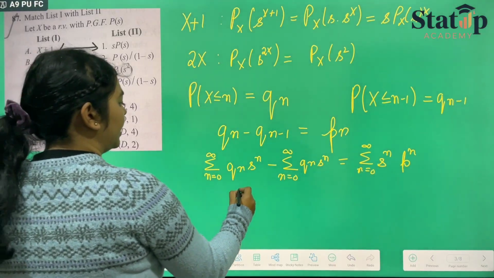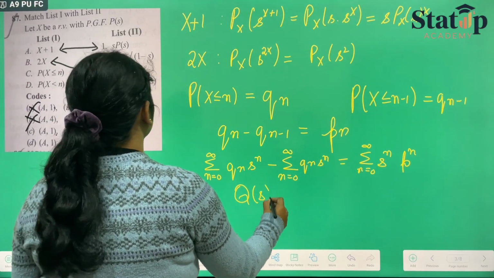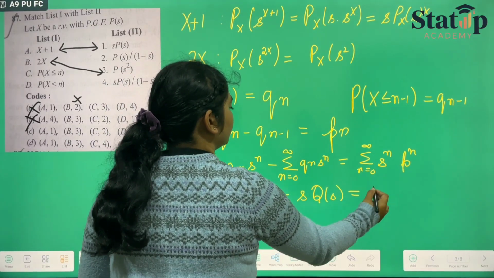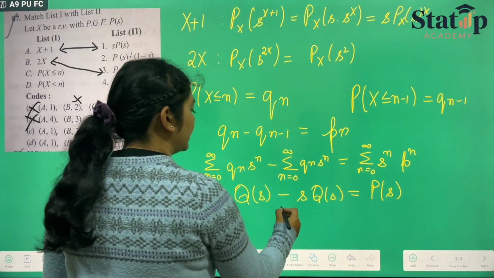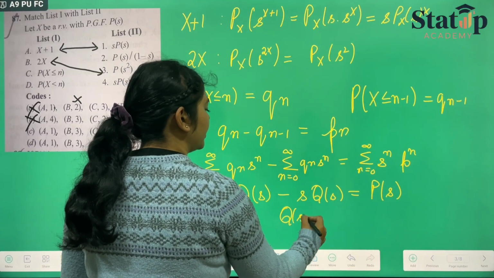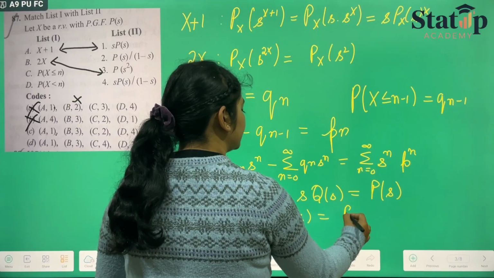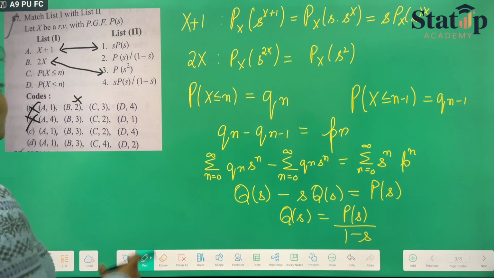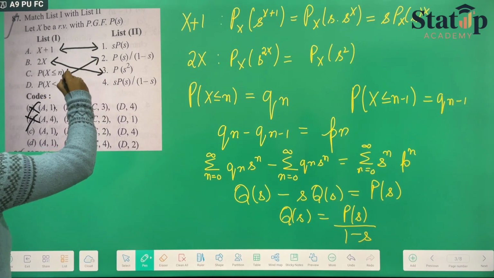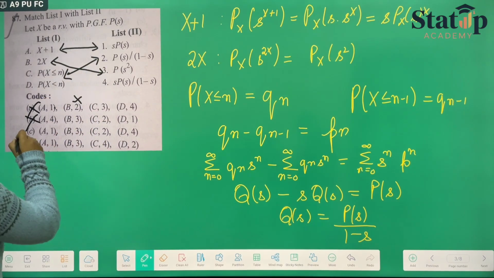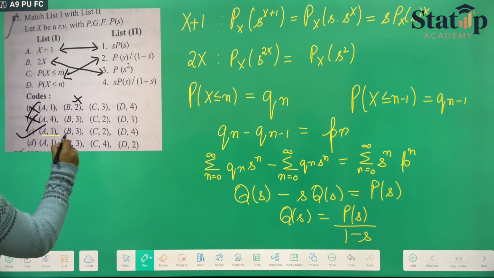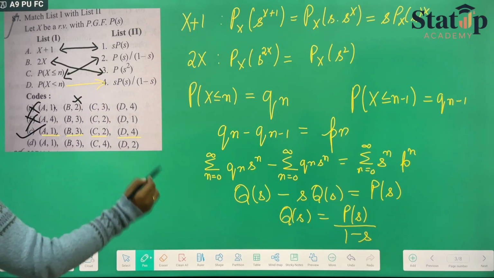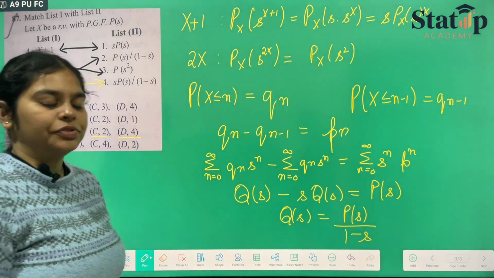So here we'll be getting Q(s) minus sQ(s) is equal to P(s). And if we take Q(s) common, we'll be getting Q(s) equals P(s) upon 1 minus s, which matches our option number 2. C matches option number 2, and hence C is correct, where A is 1, B is 3, C is 2, and the one which is left is 4, D is 4. That's how you calculate for PGF.